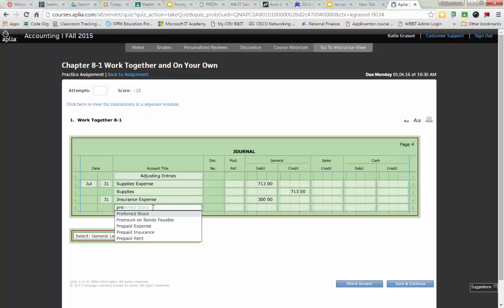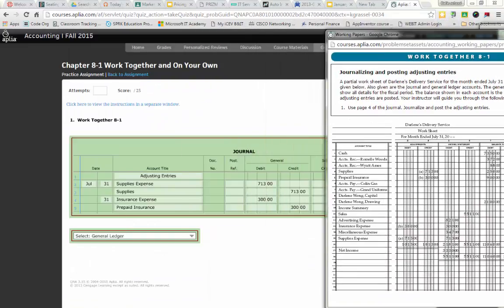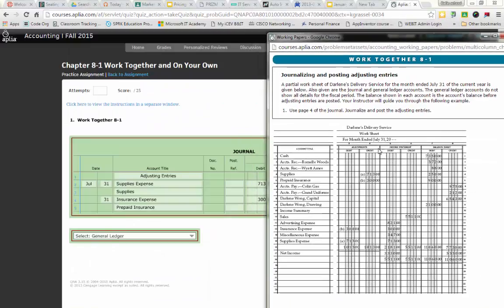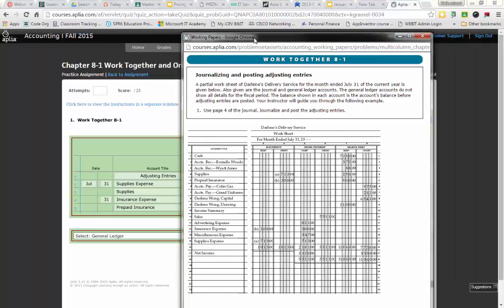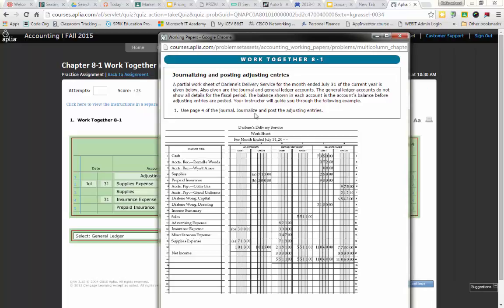Prepaid insurance for $300. Okay, so all I did is take my debits and credits from my adjustment column and put them in my journal. I had to do A first and then B, but I need to make sure I do my debits and then my credits. Now I journalized my adjusting entries.